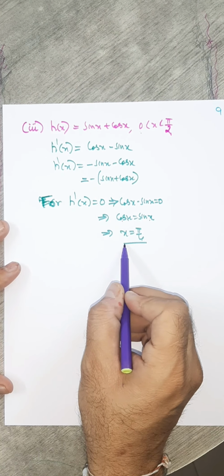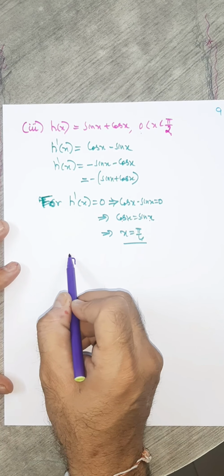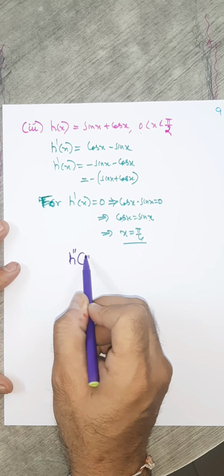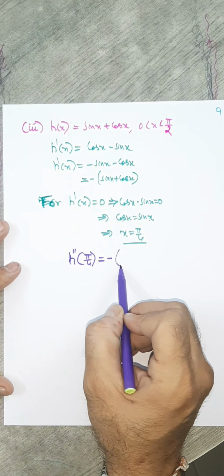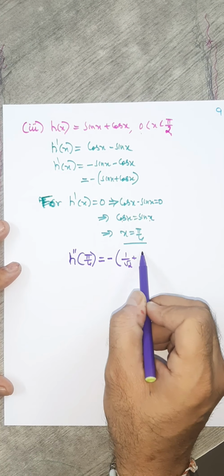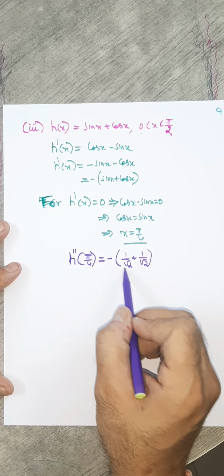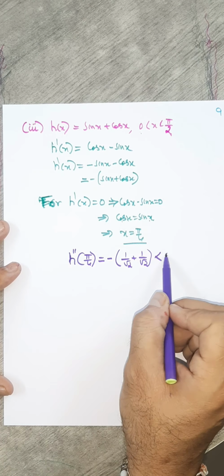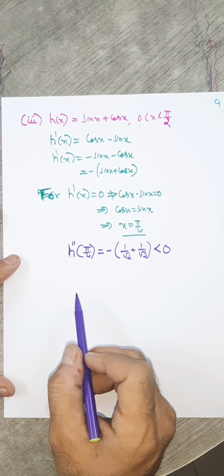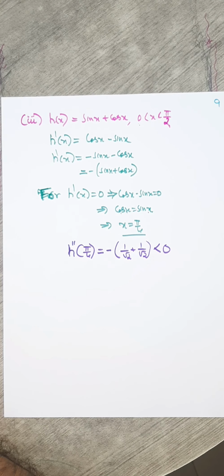Now we put this in the double derivative. The procedure is the same: h double dash pi by 4. The minus sign is there. This is 1 by root 2, this is also 1 by root 2. The value is positive, but you have a minus sign in front of it, so the double derivative is negative.